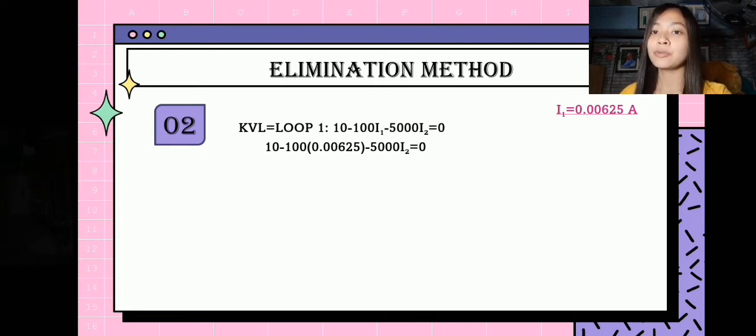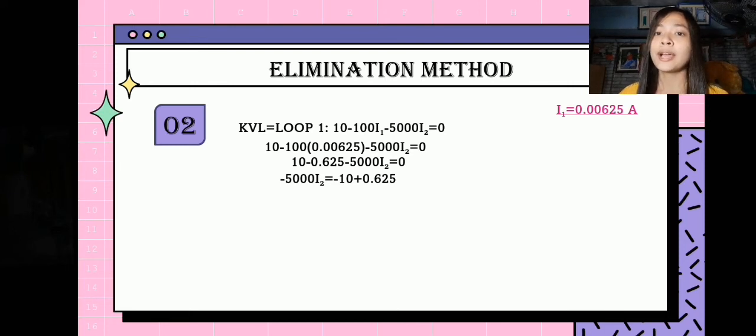So this time, we will multiply 100 by 0.00625, thus it will become 10 minus 0.625 minus 5,000 I2 is equal to 0. After that, we will move 10 minus 0.625 to the other side so that the only thing left on this side is I2. So it will be negative 5,000 I2 is equal to negative 10 plus 0.625.